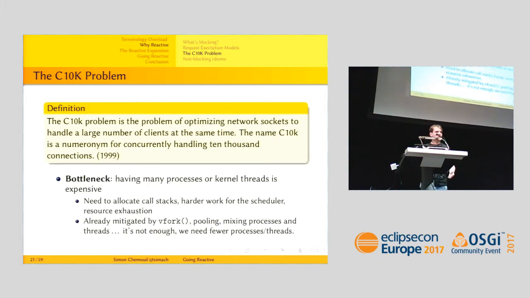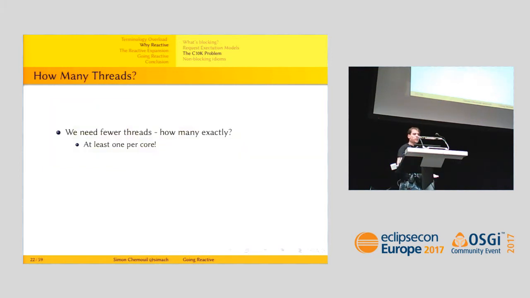It's harder work for a scheduler. And there have been approaches to mitigate the cost of this, but it just doesn't work. So reactive is about finding ways to say, OK, we're going to scale, and we're going to drastically reduce the number of threads.